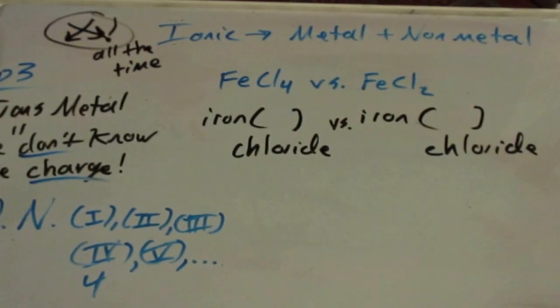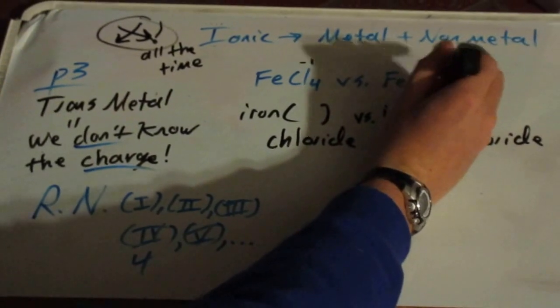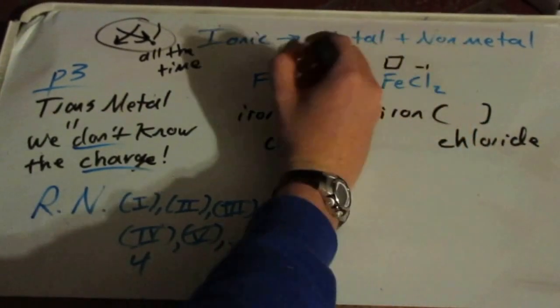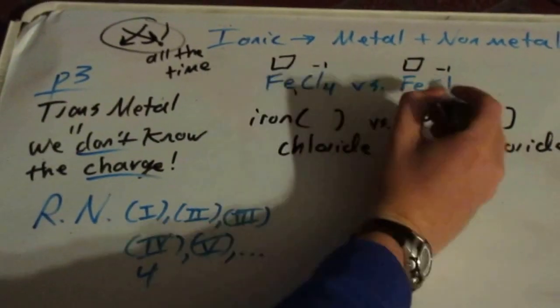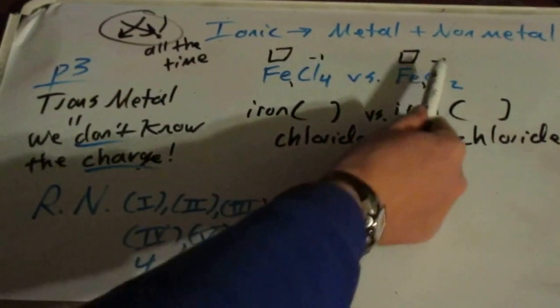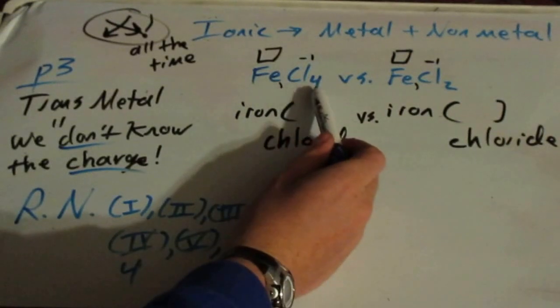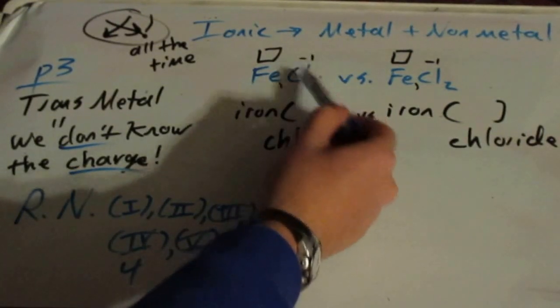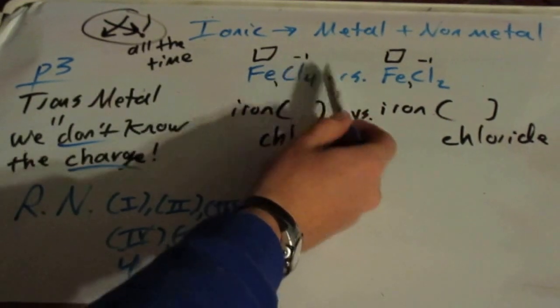And all we have to do, if we look at the crisscross, we don't know what iron's charge is. But we know that there is a 1 from chloride. The chlorine is -1. There are invisible 1s there. And we know there's a 4 here: if you have 4 chlorines at -1 each, that's -4 total.